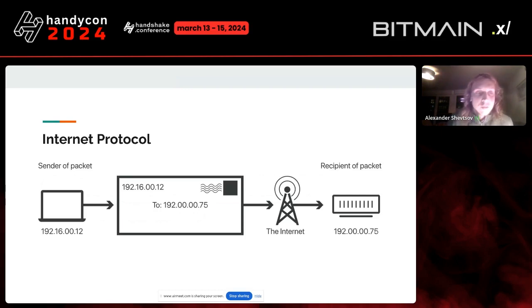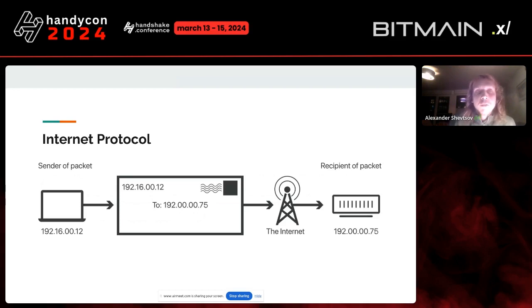And the internet is not pairwise connected, so you don't really have a direct connection to the destination computer, and so you should have some kind of routing system that, bypassing some intermediaries, sends your message to the needed computer. And it is done by assigning IP addresses to those computers, so behind the scenes, computers just have addresses that are just numbers, and they communicate with each other via these numbers.